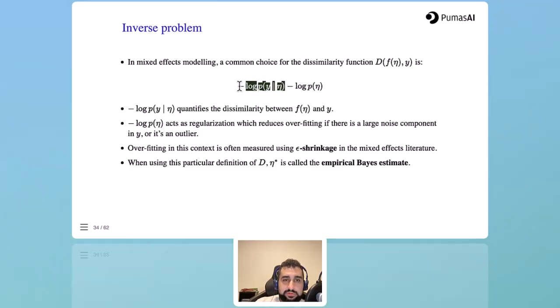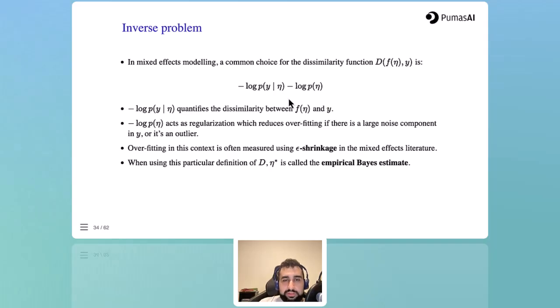And then the minus of that will be a large positive number. In essence, this is a large positive number because the distribution f of eta and the actual observation y are quite far from each other. So it acts as a dissimilarity between the distribution and y.